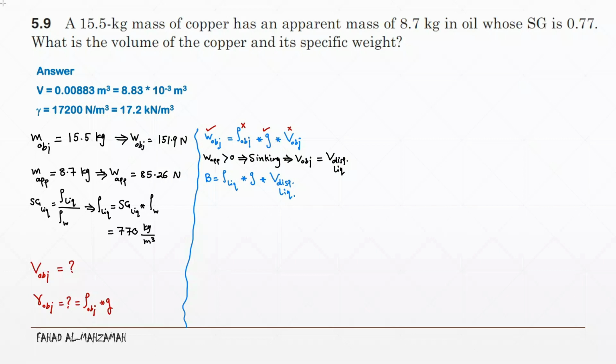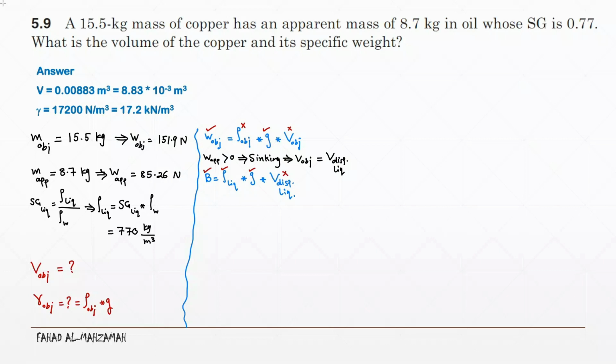So buoyancy is equal density of liquid multiply acceleration of gravity multiply volume of displaced liquid. Do we have the density of liquid? Yes. It is 770 kilogram per cubic meter. Do we have the G? Yes. Do we have volume of displaced liquid? No. But do we have buoyancy? Now we don't have it, but we can find it. Okay? How to find the buoyancy?